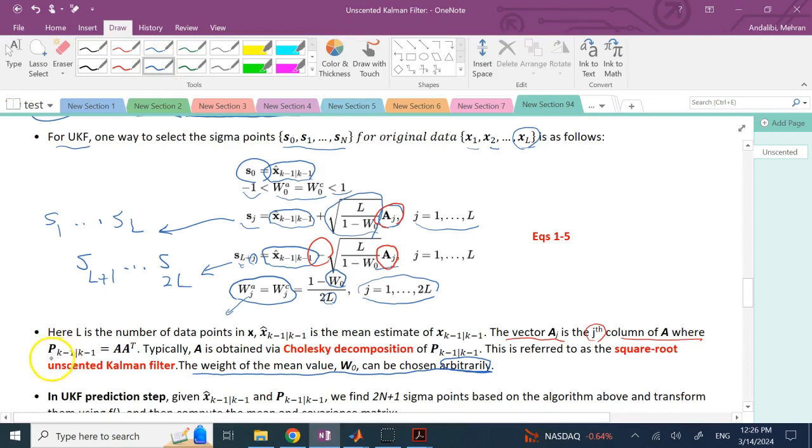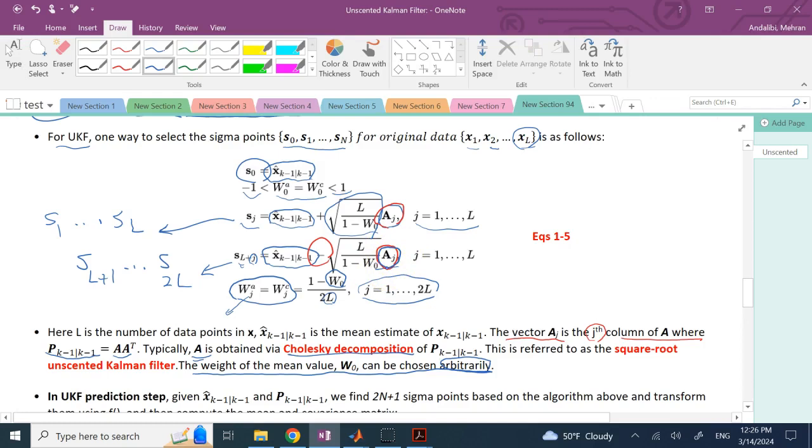If you apply a Cholesky decomposition on the previous covariance P of k minus 1 given k minus 1, and write it as A A transpose, then you get the A matrix, and this A matrix in general has L columns. The jth column of that A matrix, we call it Aj.